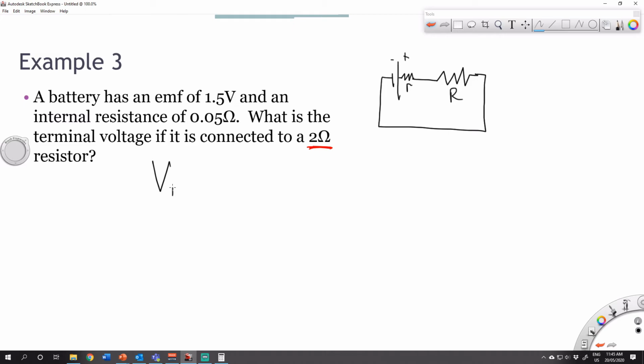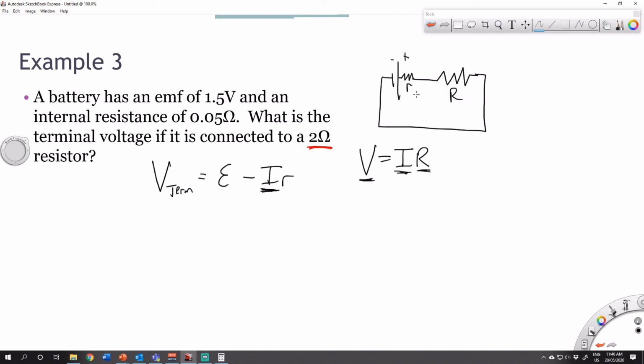Okay, so terminal voltage is EMF minus I times R. Now, in this particular question, we don't actually know what the current is, but we can figure that out using Ohm's law. If you remember, Ohm's law is V equals IR, so the voltage is the current times the resistance.